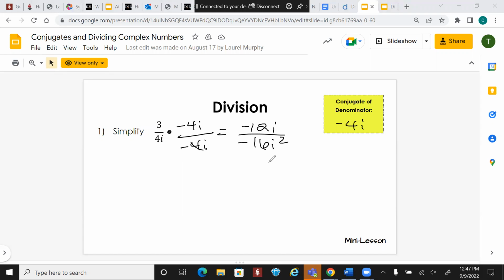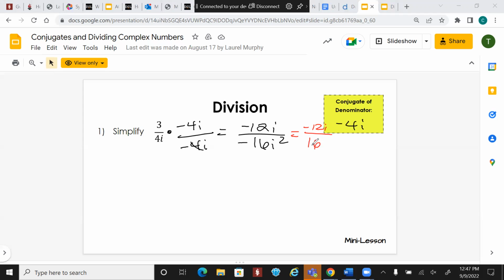And now we're going to simplify this. Remember, your i squared is going to turn into a -1. So all I'm going to do is switch the sign of this denominator, which will give me 16. Then if you are able to, you simplify by taking out the greatest common factor.